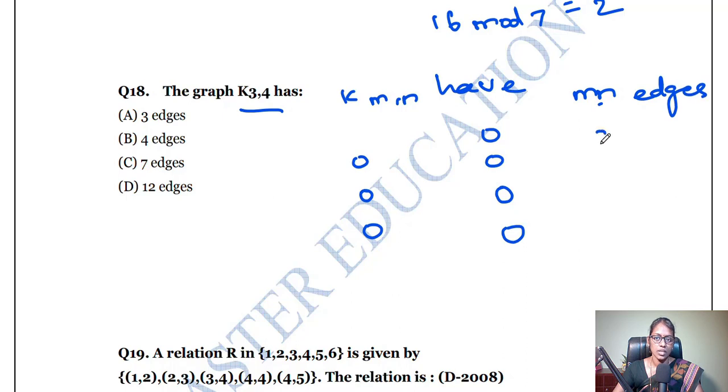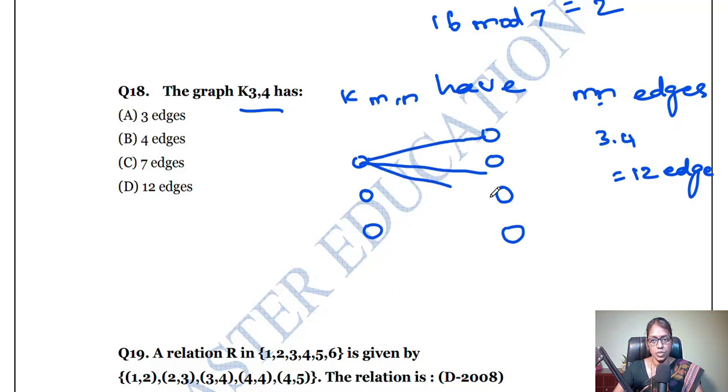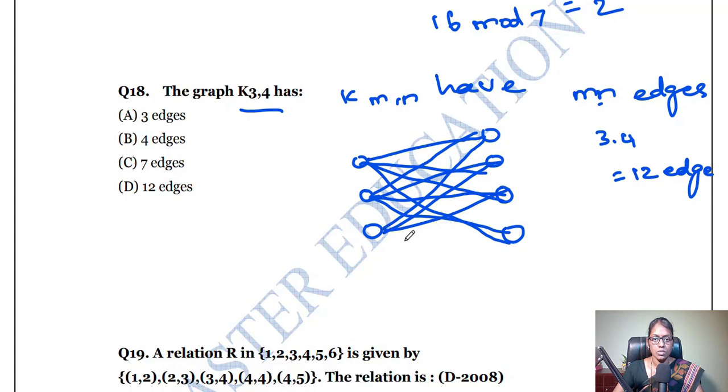That is 3 into 4, which equals 12 edges. For example, this node can connect with 1, 2, 3 and 4 in a complete bipartite graph, and each of the other nodes may connect with all the nodes of the other set. So 12 edges are there. Option D is the correct answer.